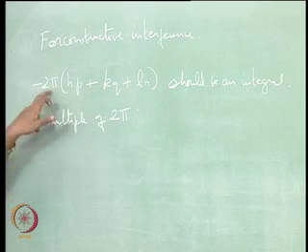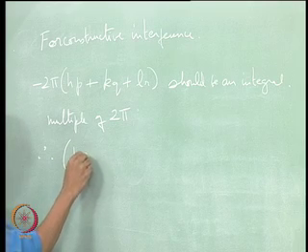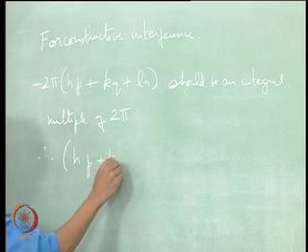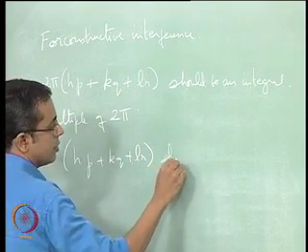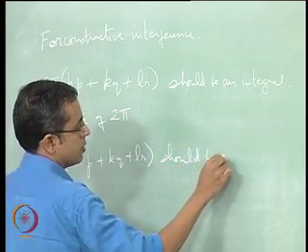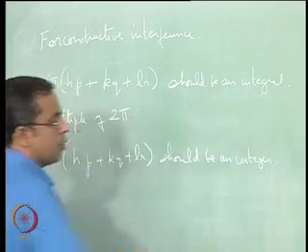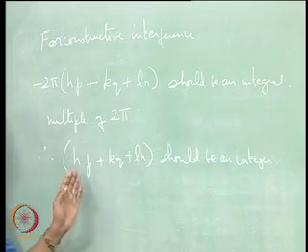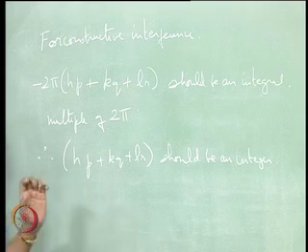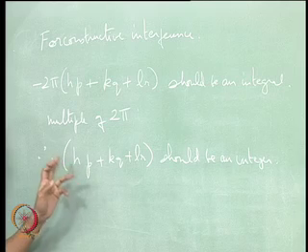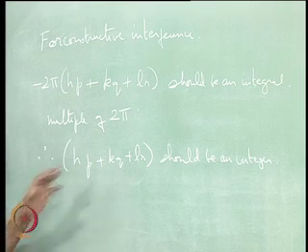We already have 2 pi here, therefore we are requiring that hp plus kq plus lr should be an integer. When we first defined s by lambda minus s naught by lambda to be hb1 plus kb2 plus lb3, we placed no restrictions on the values of h, k, l at that stage.